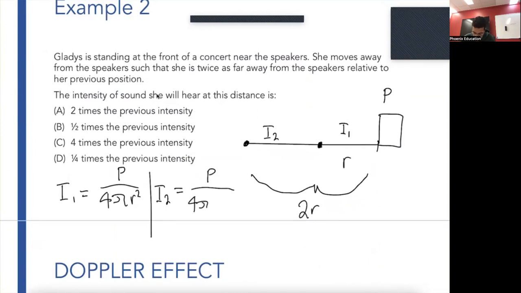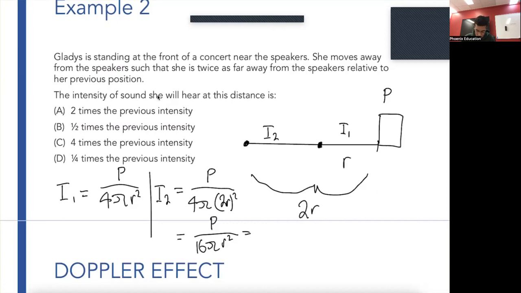So instead of writing r like we did in the previous case, we're going to write 2r. If you simplify it, it will just give us 16 pi r squared. Now what we're asked to find is the intensity of the sound she will hear at this distance as something times the previous intensity.